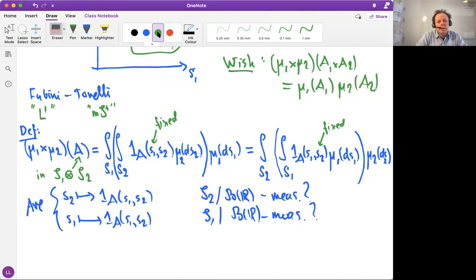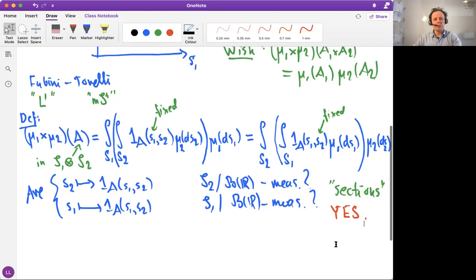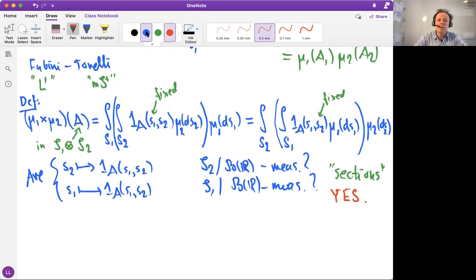These are called sections. The answer is luckily yes, they are. The proof is a bit clumsy or technical. You need the so-called monotone class theorem. You can check out the lecture notes for details.